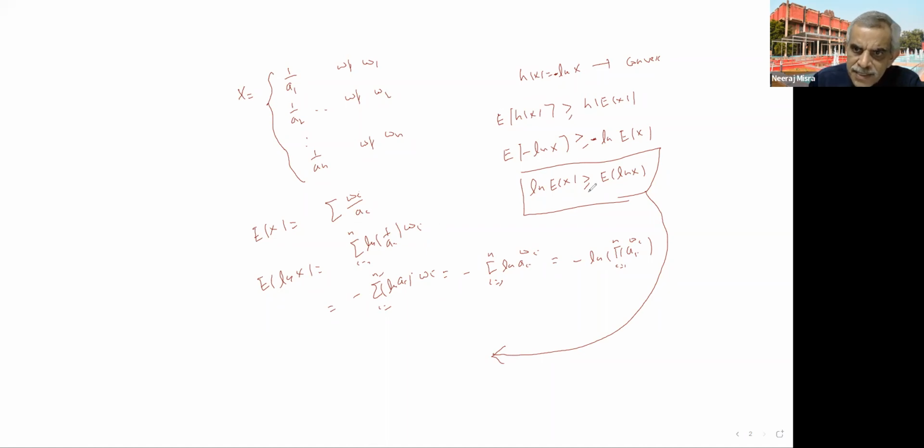Log of expected value of x, log of summation wi by ai, is greater than or equal to expected value of log of x, which is minus log of product i equal to 1 to n ai to power wi. So that just follows. That is what you have to prove. Is that okay?